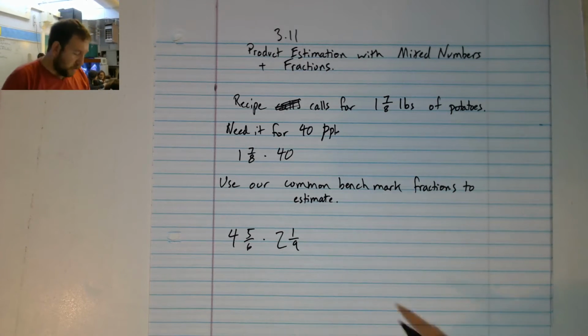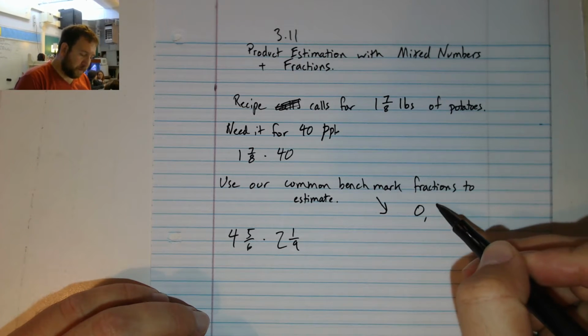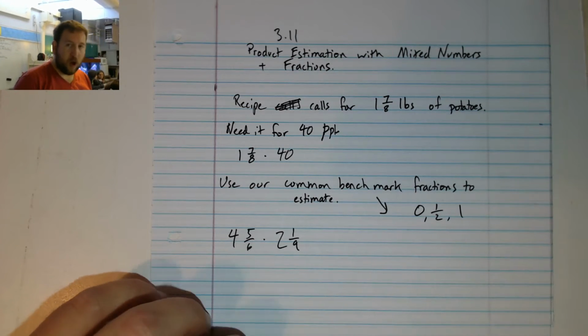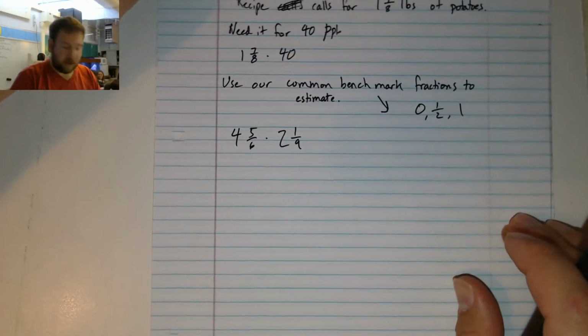What I'm going to do with each of these numbers is look at them and turn them into the common benchmark fraction that works the best. Remember that those common benchmark fractions are 0, 1/2, and 1, which makes things much, much easier to work with. Watch as I do this quickly.